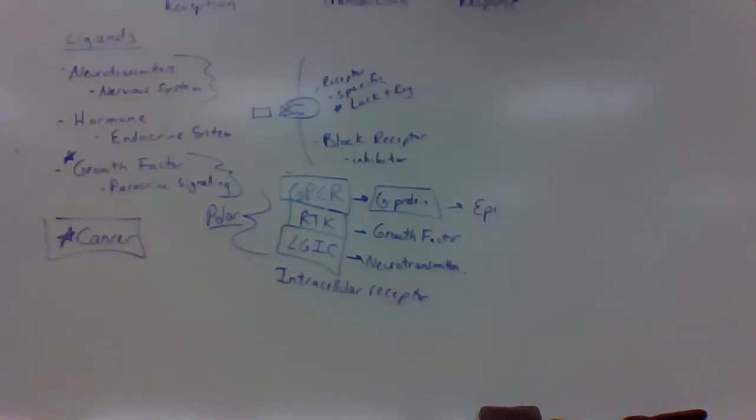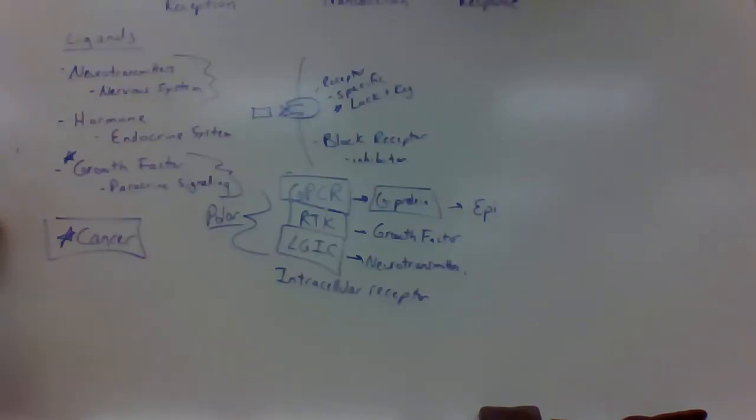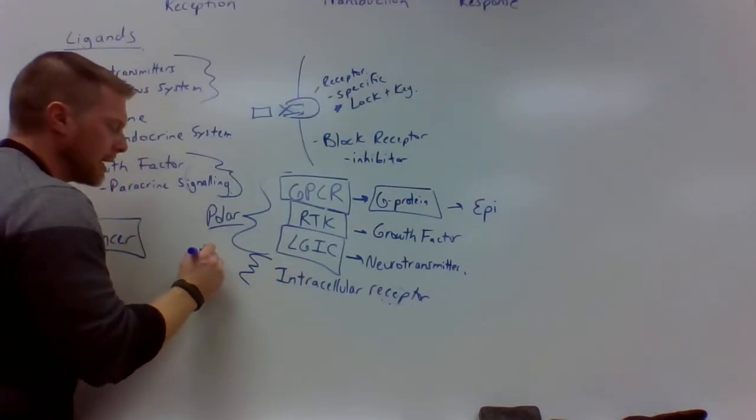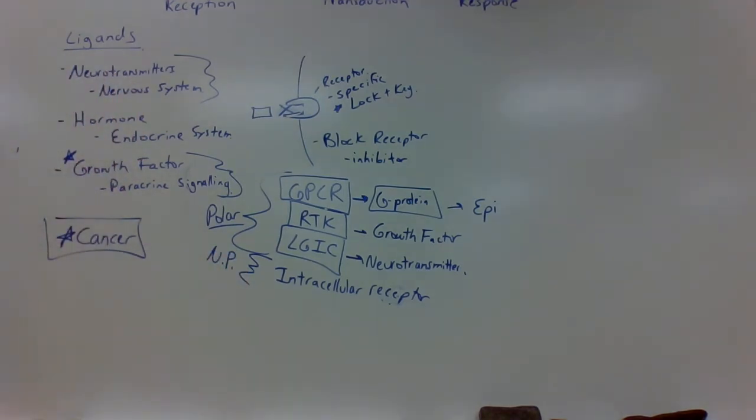Intracellular receptors are receptors inside of the cell. And we said that ligands that are going to bind to these need to be non-polar ligands, because non-polar ligands go through the membrane and bind to receptors inside of the cell.